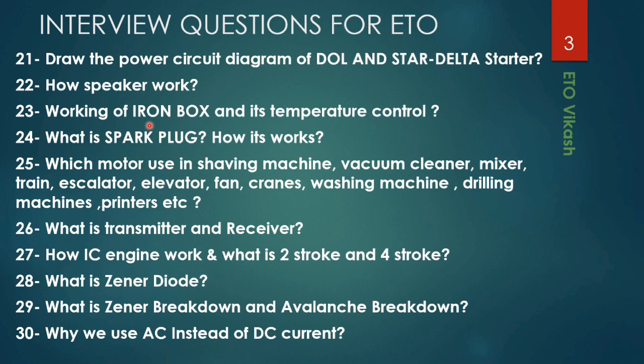And the working of an iron box and its temperature control. How is the iron box working? It works on the principle that when current is flowing, the coil will be there, so due to this there will be loss, and due to current there will be a heating effect.